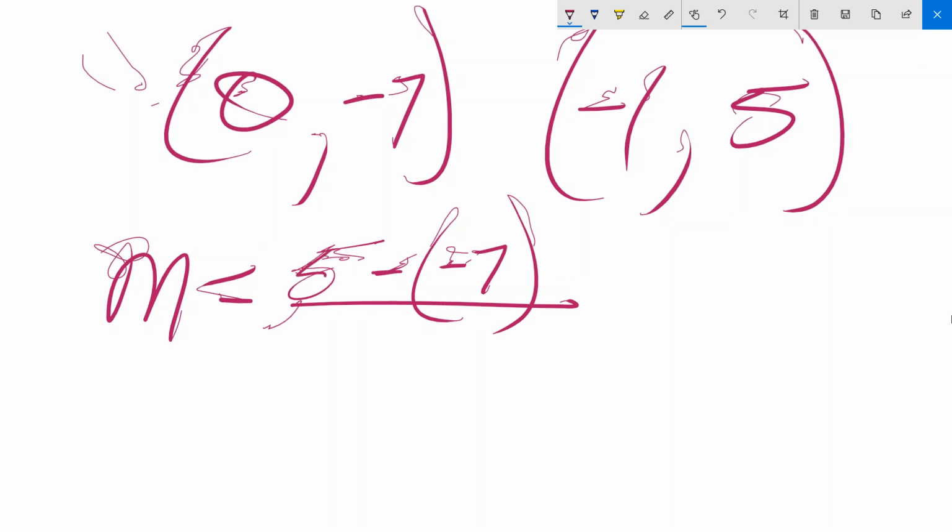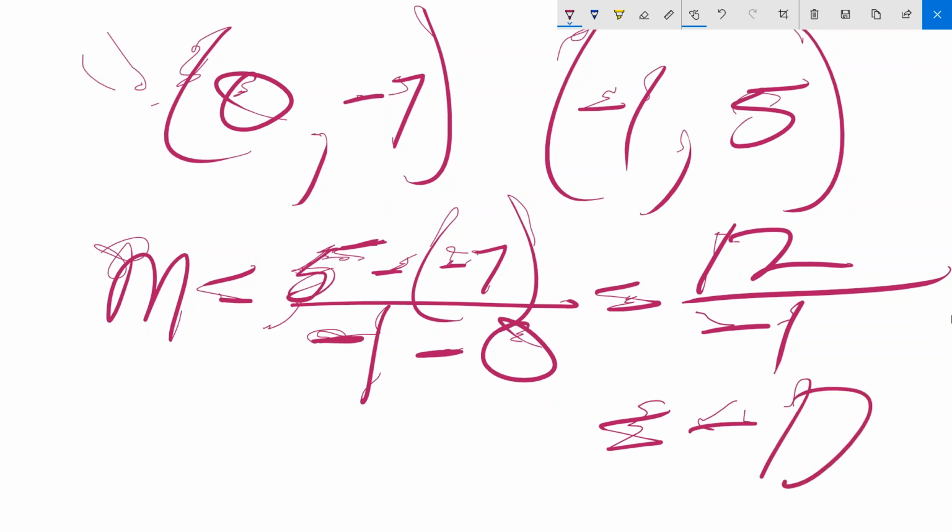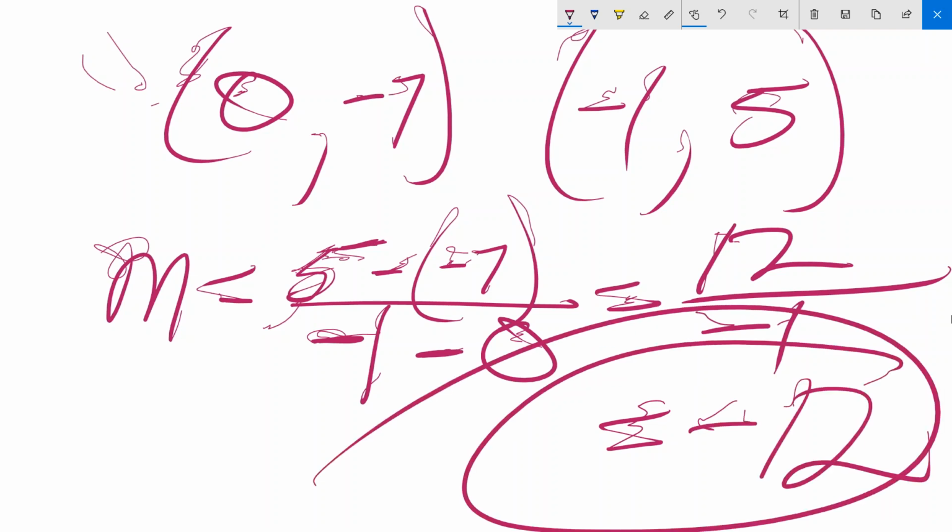What's the denominator? -1 minus 0. Okay. Simplify the numerator. 12. Simplify the denominator. Over -1. Simplify that. What's 12 divided by -1? -12. You got it.